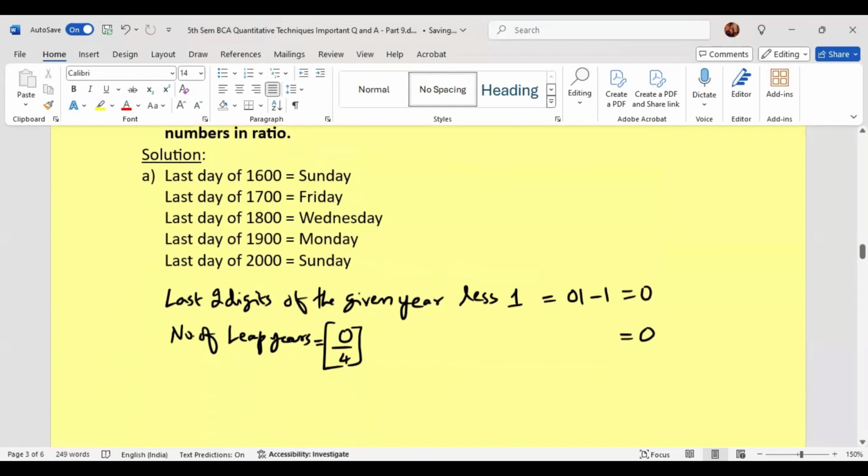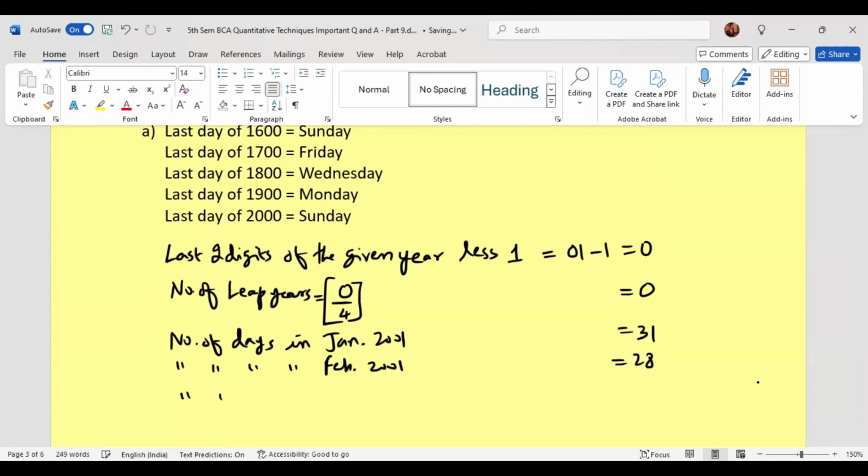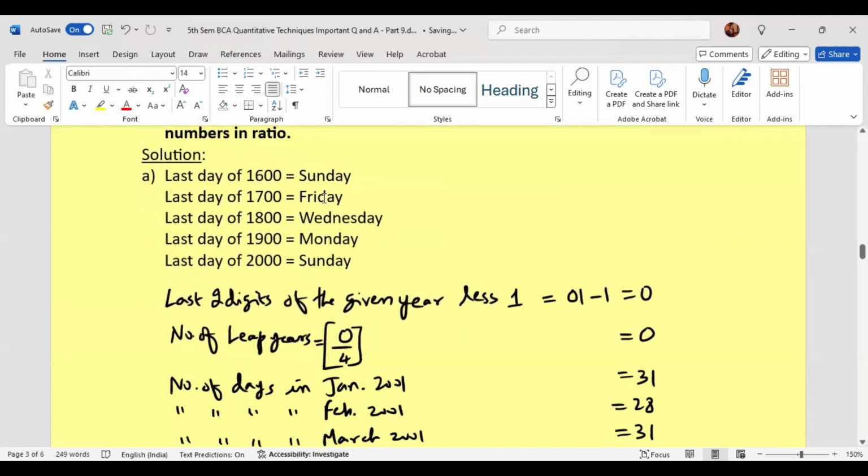So next one will be number of days in January 2001. That will be 31. Number of days in February 2001. This is not a leap year, so 28 days. Then number of days in March 2001 will be 31 days. And then in April, we will consider 1st April.